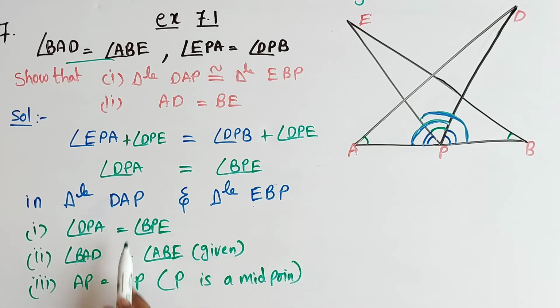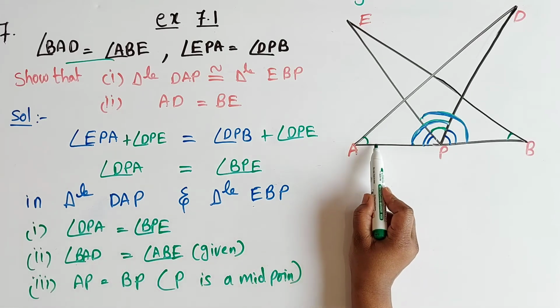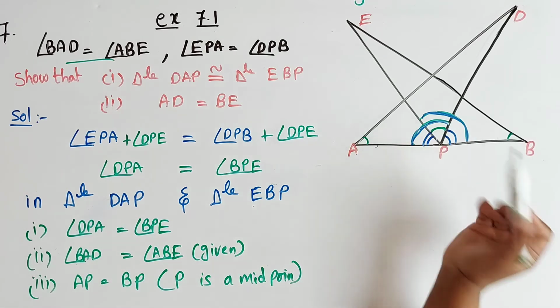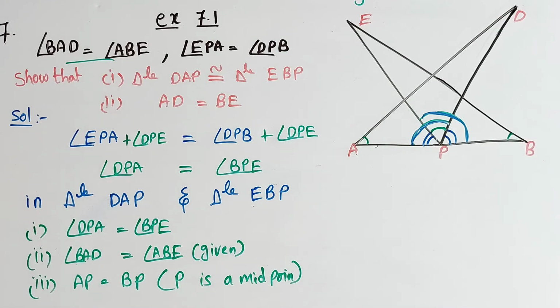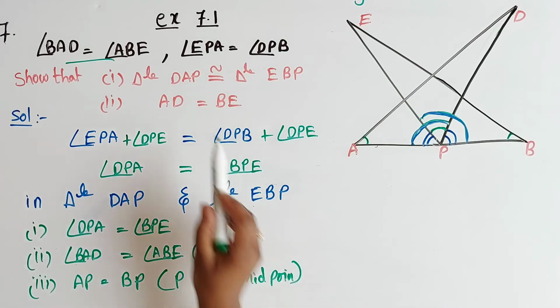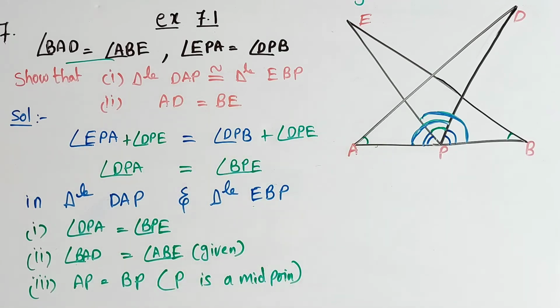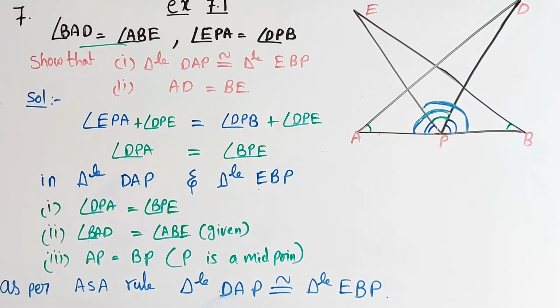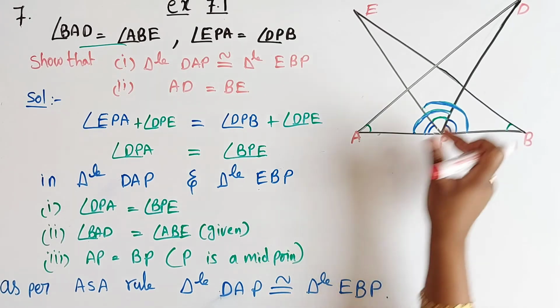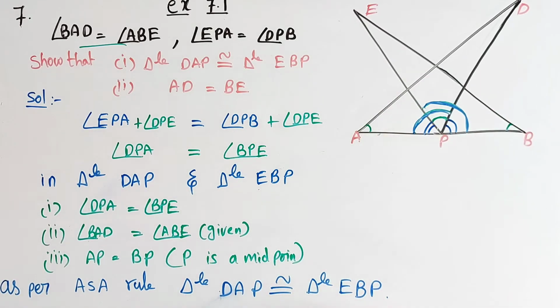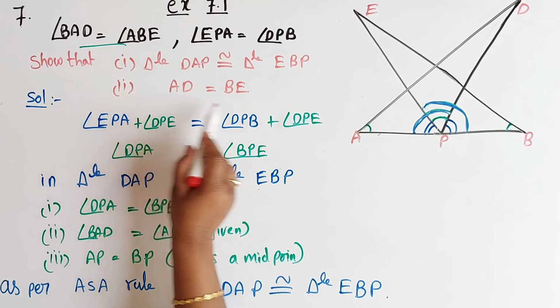Now see, angle and side and angle. So as per the ASA rule, we can say that triangle DAP is congruent to triangle EBP. So see, children, anyway triangle DAP is congruent to EBP. So what is the second one?